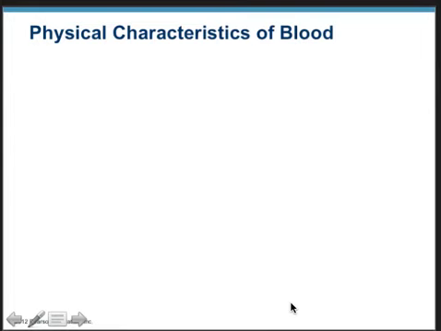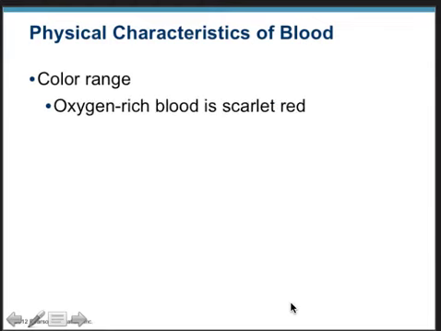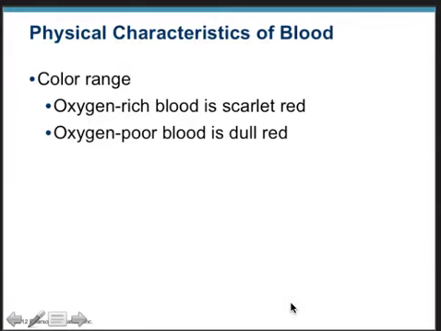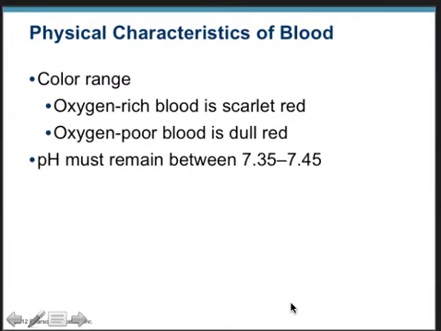If we look at the physical characteristics of blood, it has a range of colors. Oxygen-rich blood is scarlet red, whereas oxygen-poor blood is a dull red, which appears blue when you look at it through the white coating of the veins that carry the blood back to the heart in the systemic circulation. The pH has to remain between 7.35 and 7.45.